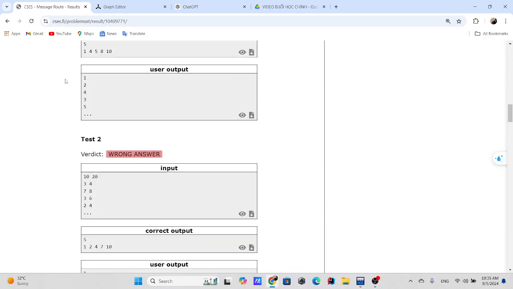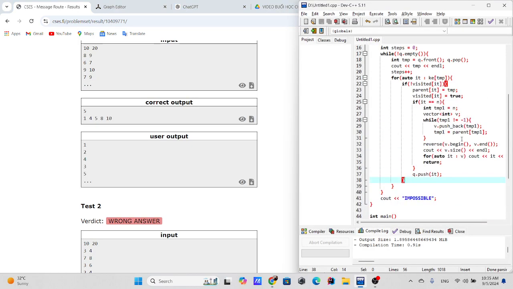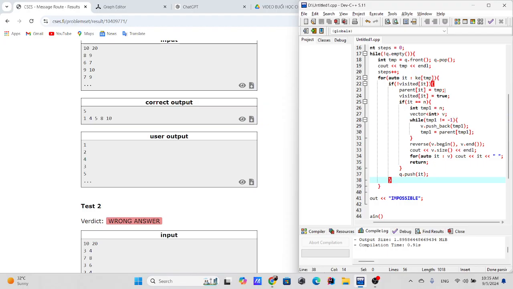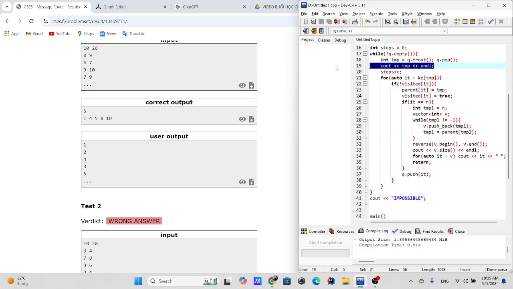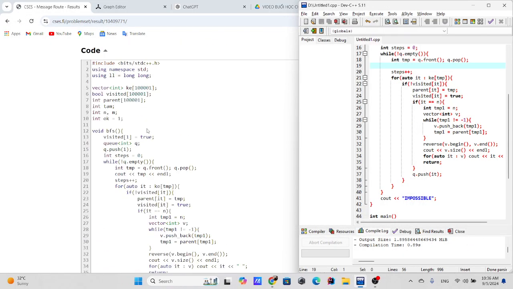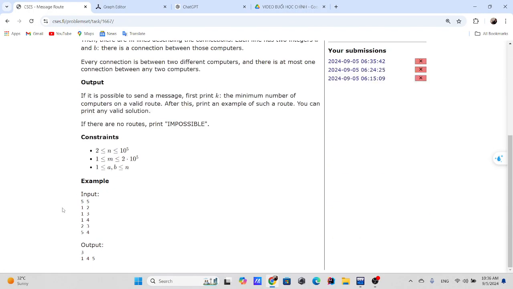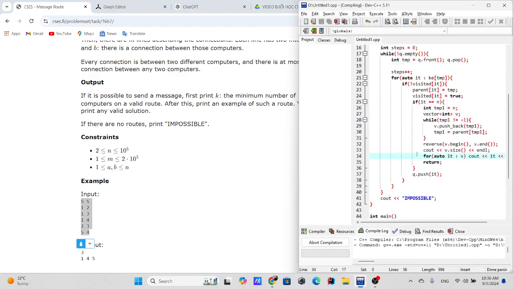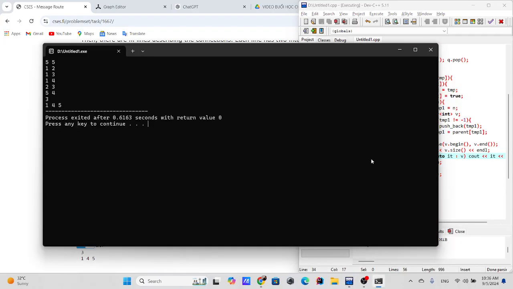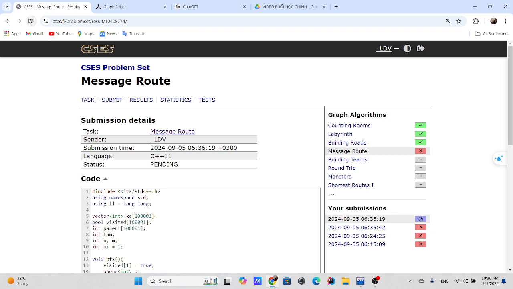Oh shit, man. Oh, of course. Wait, wait a second. I'm not surprised, to be honest. Yeah, this must be correct, right? This should have been correct. I hope so. Come on.